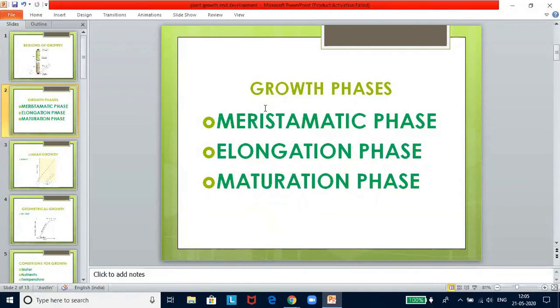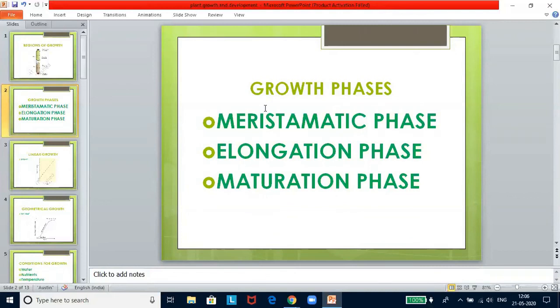Elongation phase, or the log phase: the cells proximal to the meristematic zone represent the phase of elongation. Increased vacuolation, cell enlargement, and new cell wall deposition are the characteristics of the cells in this phase. Now, the last phase is the maturation phase or senescence phase. This lies close to the phase of elongation. Most of the tissues and cells represent this phase.